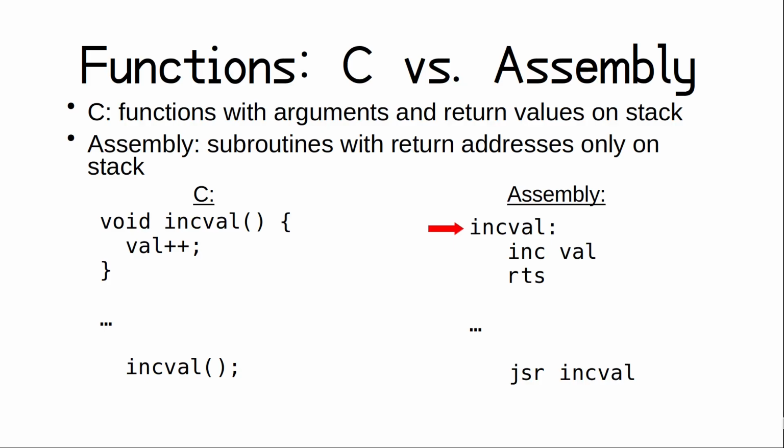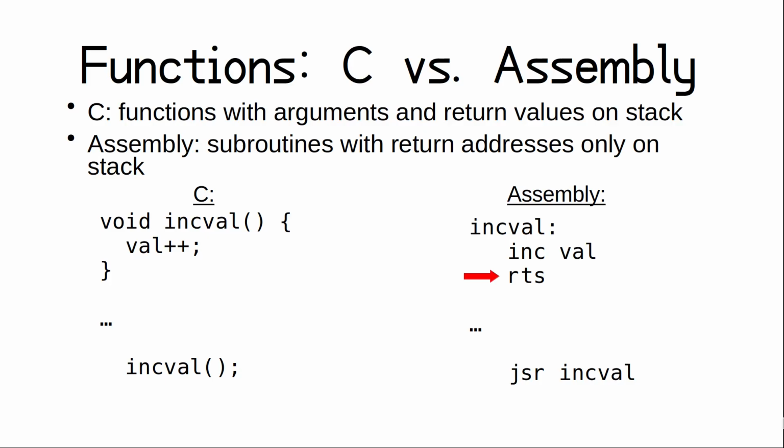Then the path of execution needs to end with an RTS instruction to return from the subroutine. We recreate that simple C function by doing a simple inc instruction after the label, and then ending with RTS. If you have branching in a subroutine, you need to make sure that all possible paths will end with an RTS, or your subroutine will never return.